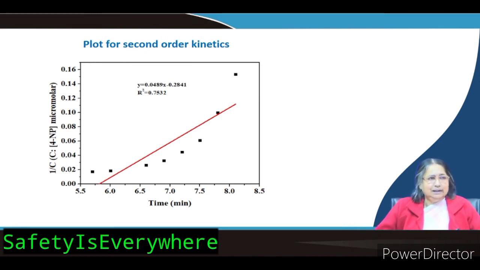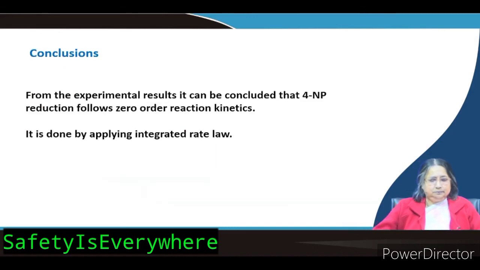You have also got the idea how to do the calibration curve and what is Lambert-Beer's law, and what is the main component of a UV visible spectrophotometer, that also you understood. So, I think this is one good example to determine the order for a particular reaction.